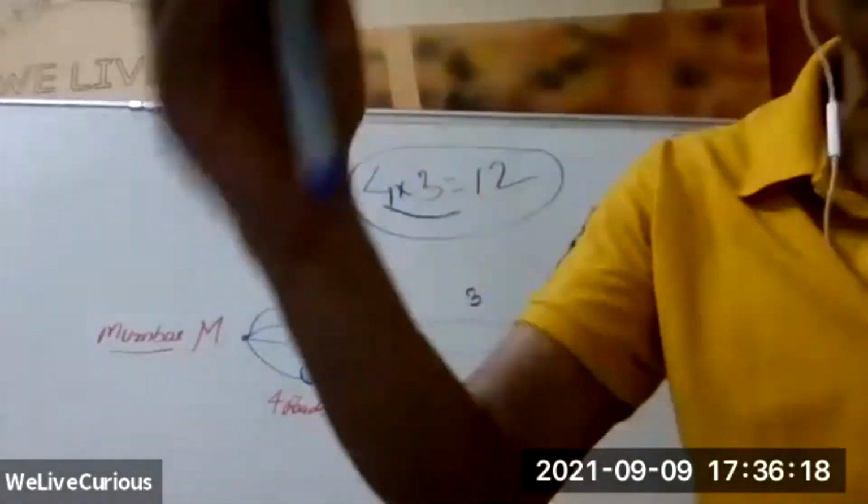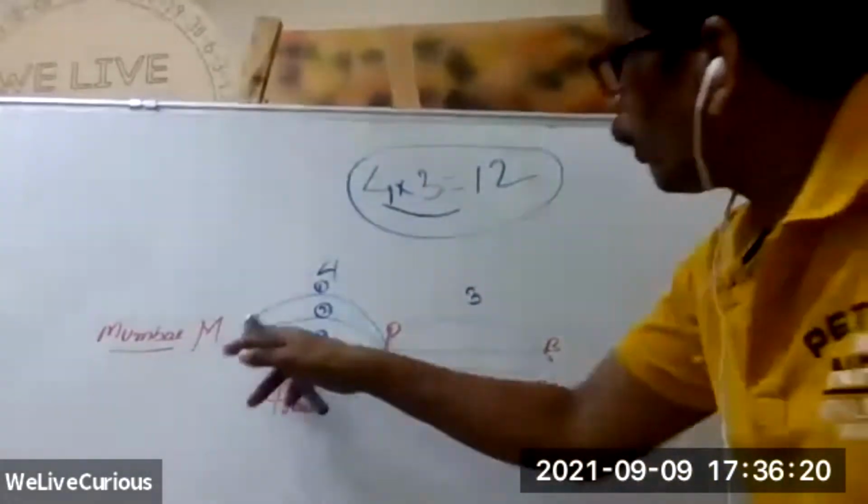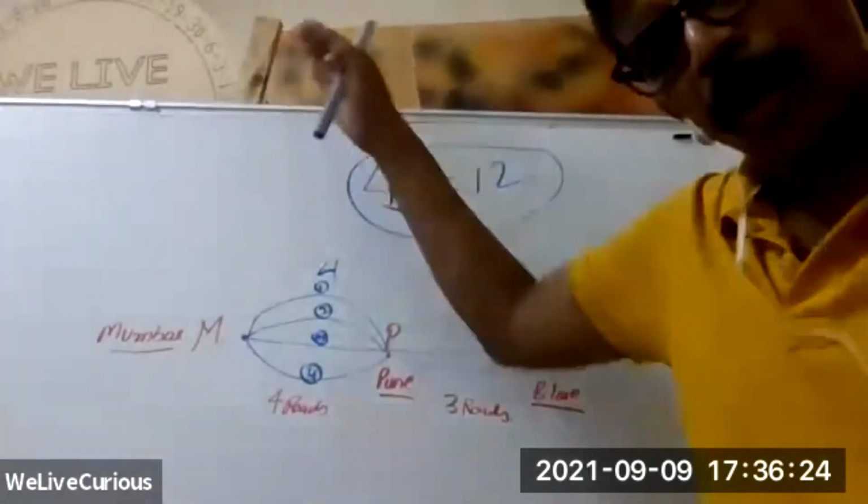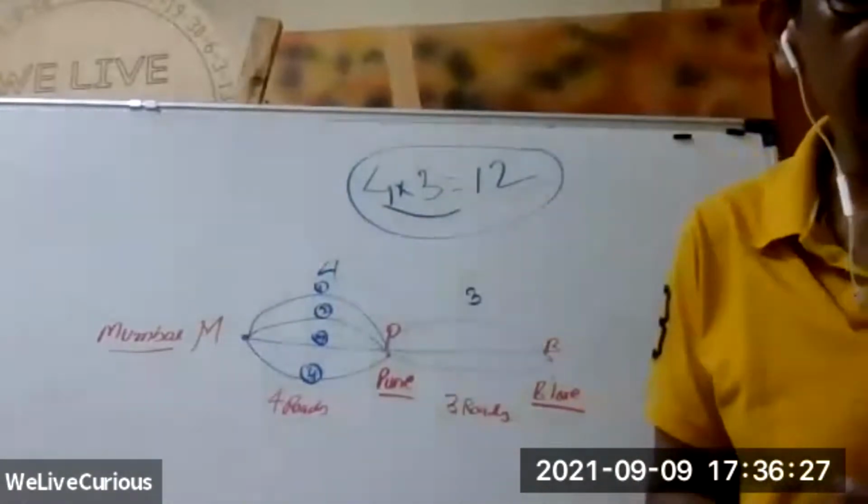So we can say M is one gate and P is one gate. Can you list all the possibilities here without using the formula?